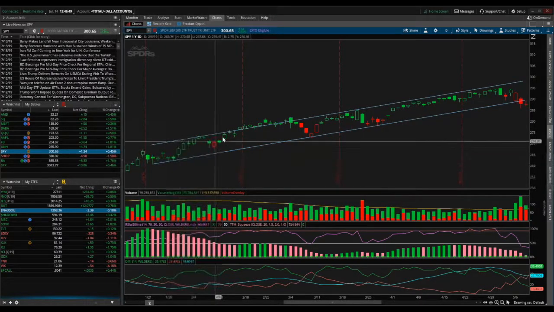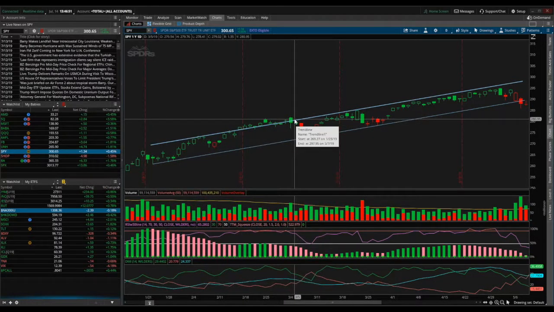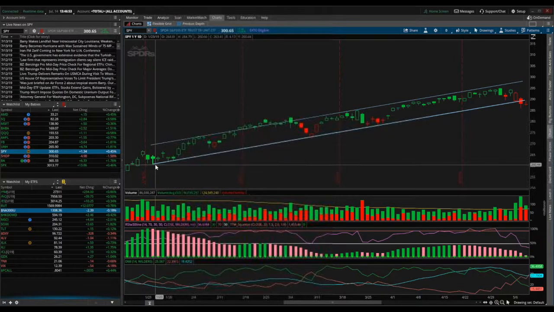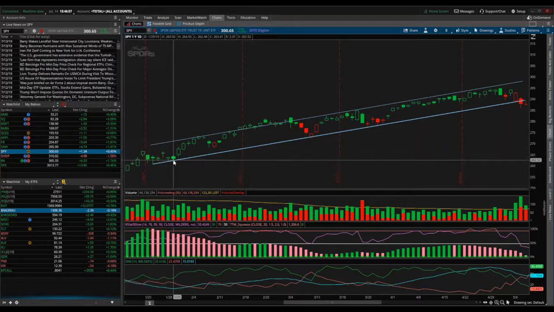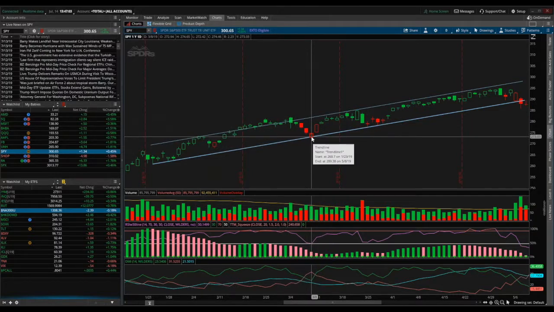now when price rejects at the top and comes to the bottom, you could have started the bottom back here from this candle to here, and you can kind of see it's on this trend. You would have been maybe able to identify a buy here.